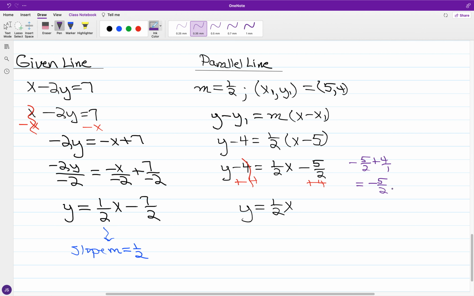So for the exact result, just making both of these into halves, so we got negative 5 halves, and 4 over 1 is going to be 8 halves. And we have negative 5 halves plus 8 halves is going to come out to 3 halves. And so for the slope-intercept form, we have y is equal to 1/2 of x plus 3 halves.